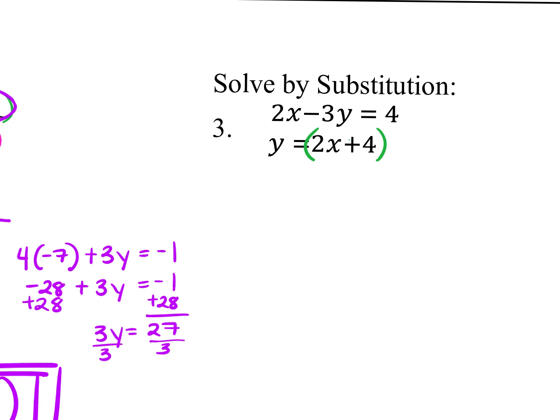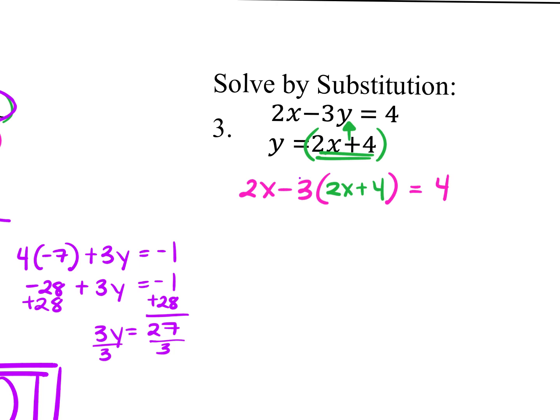So this is going to go here with parentheses, lots and lots of parentheses. So you're going to say 2x minus 3 times what y equals 4. So you just take this 2x plus 4 and you drop it in for y because we know that's what y equals. Now here's where a lot of mistakes happen. What's your next step? Distribute. What are you distributing? A -3.